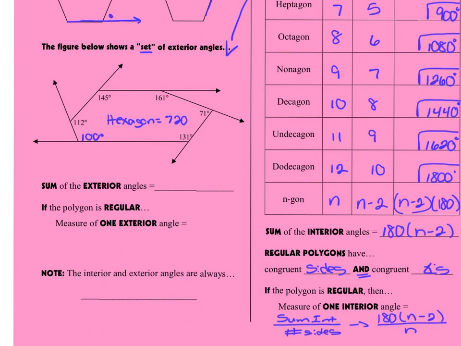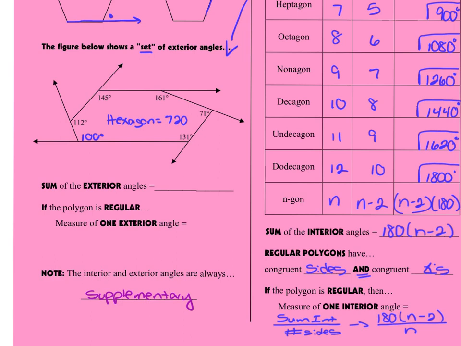From there, we need to recognize that an interior angle and an exterior angle are going to be supplementary. We can fill that in down here as well. So we're going to fill in that the interior and the exterior angles are supplementary. And then we're going to actually go through and calculate those.